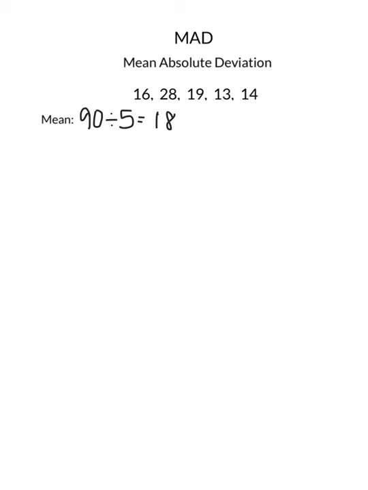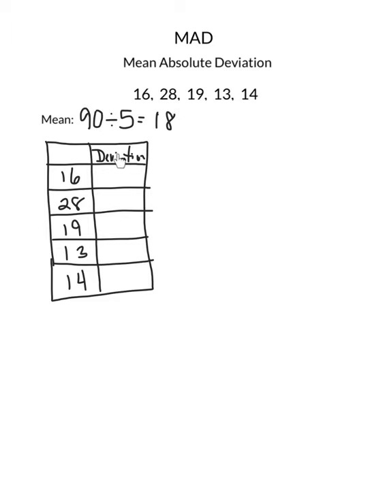In order to do that, I'm going to make a simple little chart so you can see this a little bit better. So in order to find the deviation, I take the mean and I subtract it from, or the mean from, these numbers. So in this case, 18 minus 16 is what? 2. So my deviation is 2.